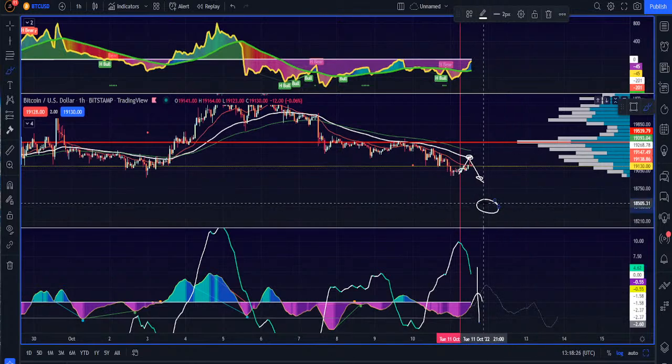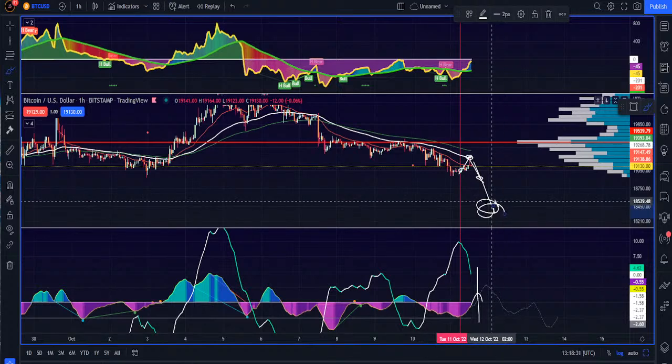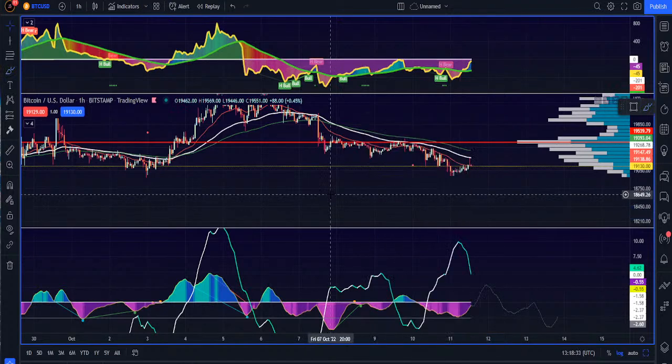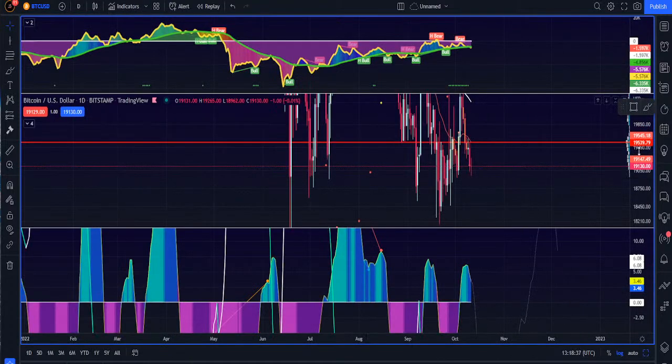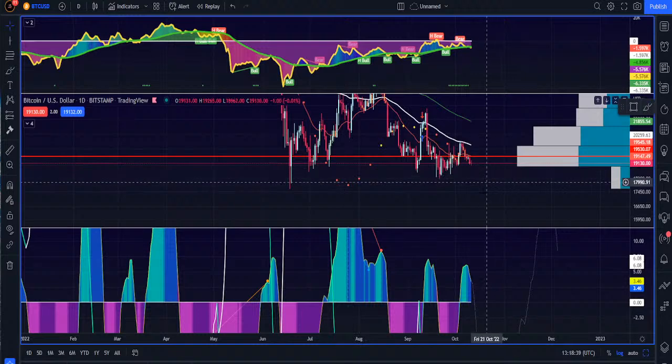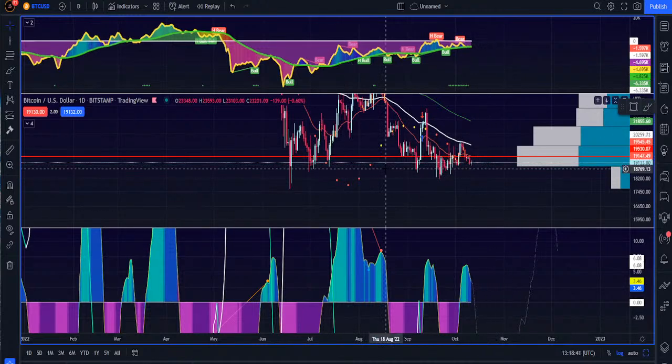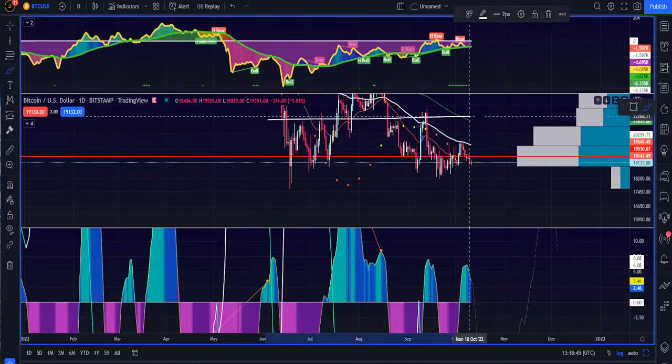As I said before, we will see Bitcoin around this area very soon. It's just about time because the volatility is very contracted right now. Get ready for the resolution of this. In my humble opinion, this is a distribution pattern. All of this is not consolidation.